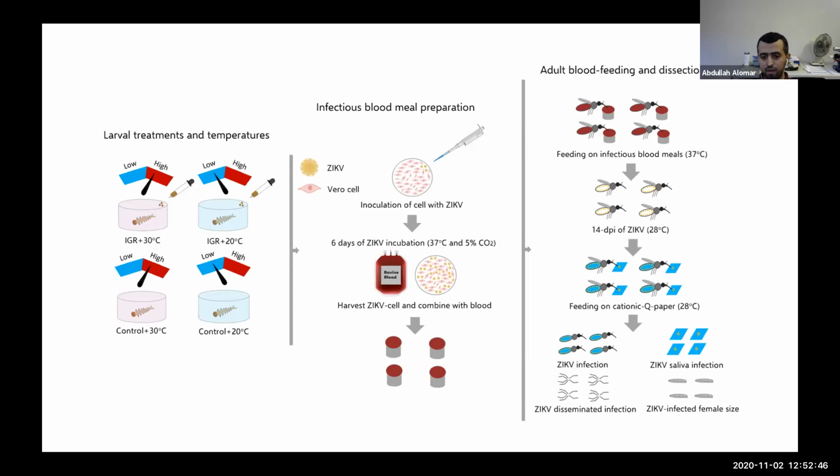After 14 days of incubation of the Zika virus, mosquitoes were allowed to feed on chitonic Q paper to determine the saliva infection. And then mosquitoes were dissected as we did in the previous experiment.